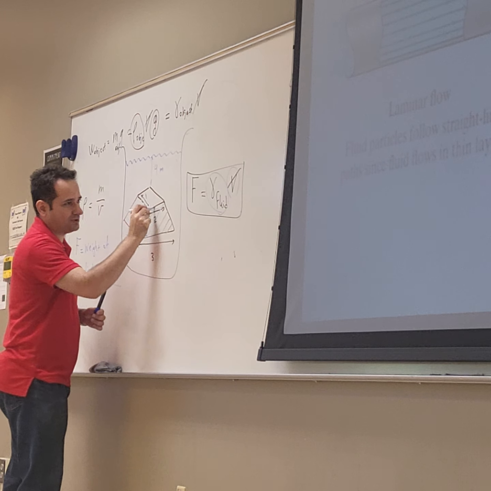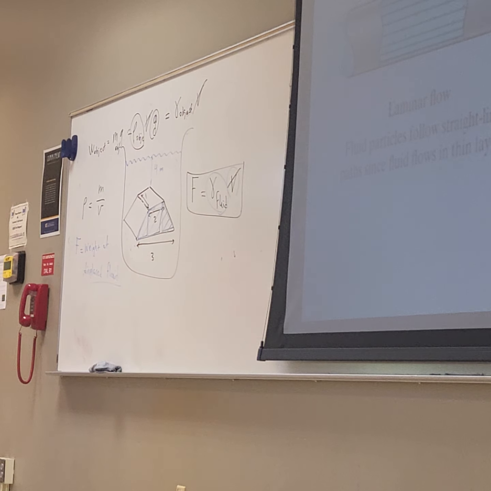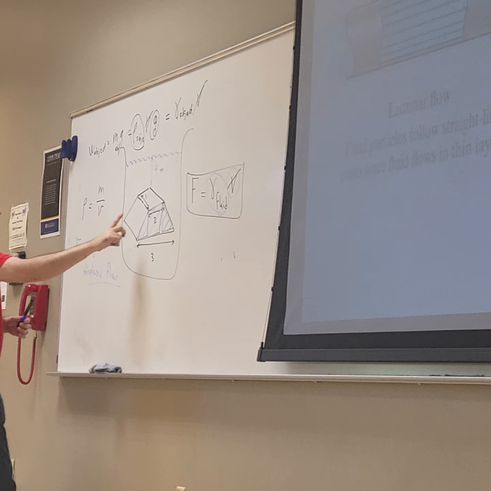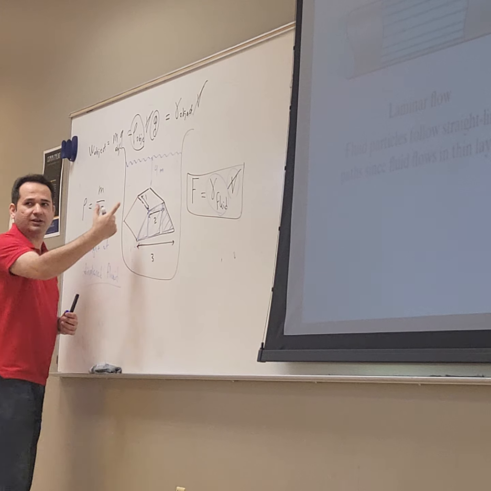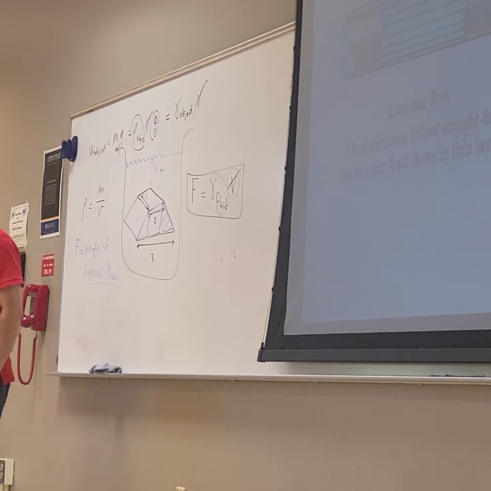Cut it up into subshapes. There are many ways. Whatever way you do that, I accept it. And then find the area of this, multiply by height, you get volume. I give you the density of fluid, put it here, get the force.